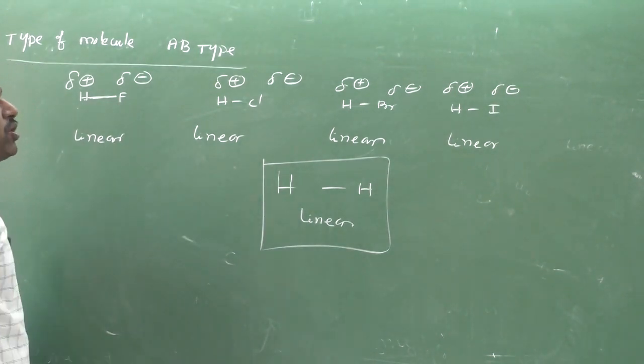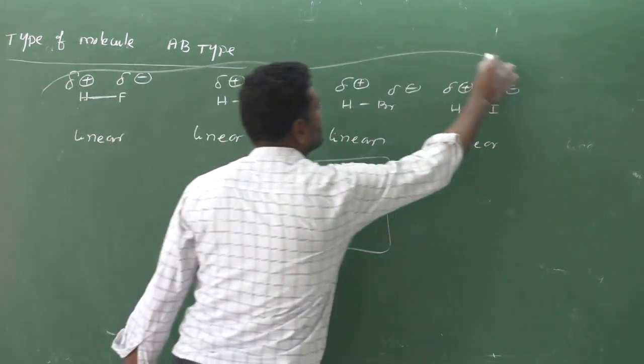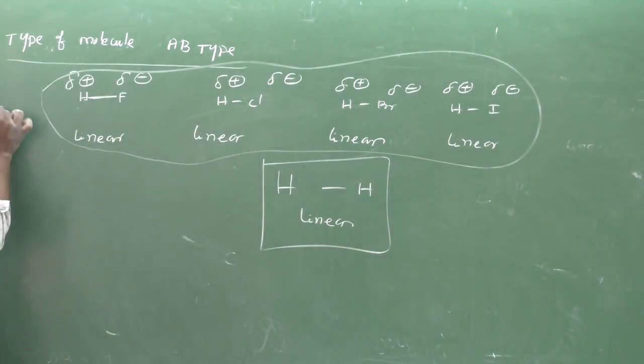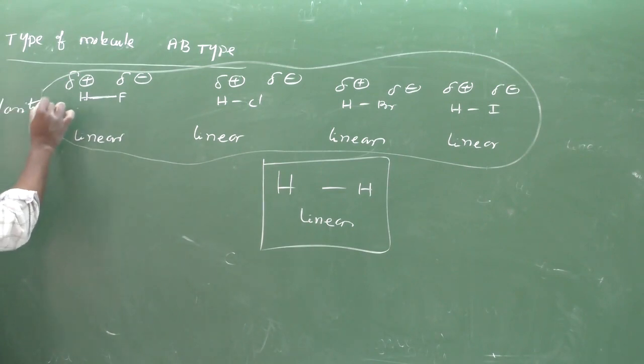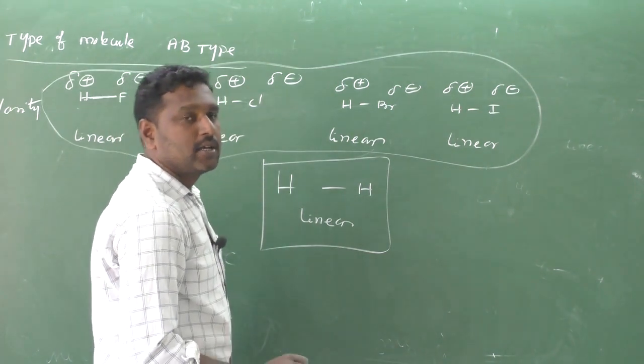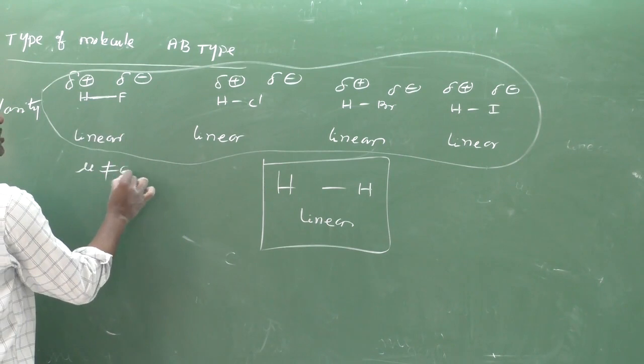Therefore there is no polarity in hydrogen, while the other molecules exhibit polarity. Therefore these have mu not equal to 0.